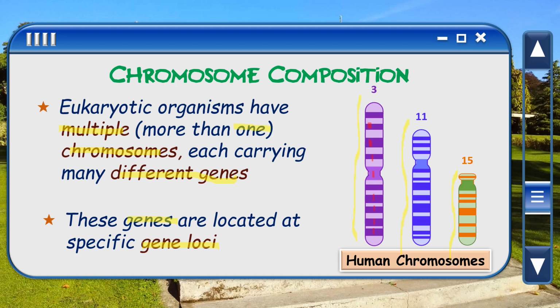And where we find the genes, that location is what we refer to as a locus, or loci. So the genes are located at specific gene loci. This is chromosome 3 with different genes, and those genes are located at specific gene loci.